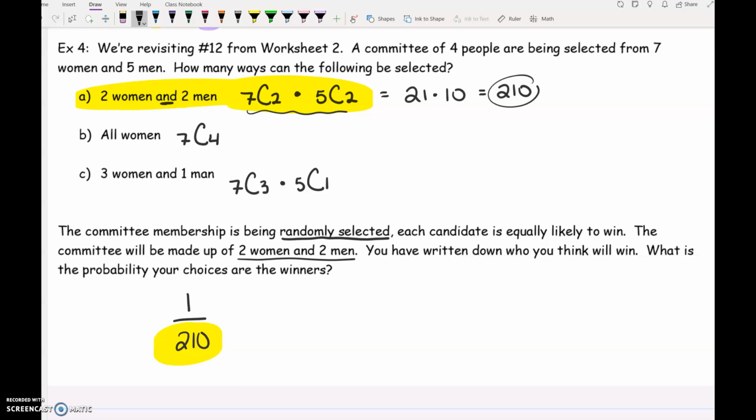So there are 210 ways for those committee members to be selected. We want our one way to be the winner. That'd be 0.0048. A 0.48% chance that our selection is the winner. That's not very likely.